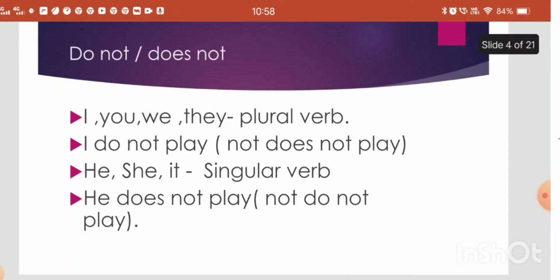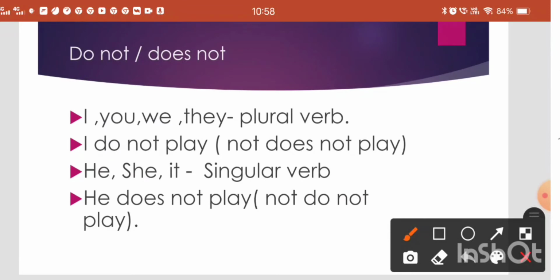One more confusion. Do not or does not. Where to write do not and where to write does not. Let's try. If the subjects are I, you, we, they. I is a singular number, first person pronoun, but it always takes a plural verb in present simple tense.